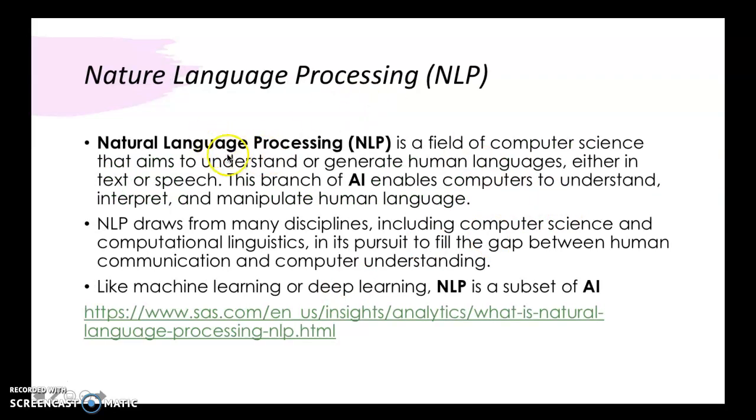It mentions natural language processing, NLP, as a subset field of deep learning. Basically it's focused on text and speech. Nowadays we use natural language processing a lot. For example, we have an AI system like Alexa.